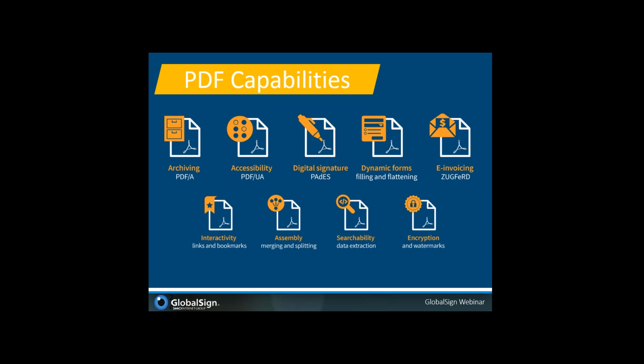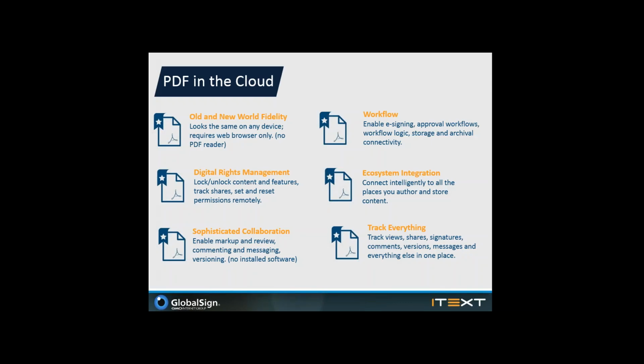It's accessible by machine readers. You can embed digital signatures. We're going to cover that, of course, in more detail today. You can have forms, secure exchange of invoices, and so on. So very versatile for different purposes. And these are all addressed in the capabilities of iText.